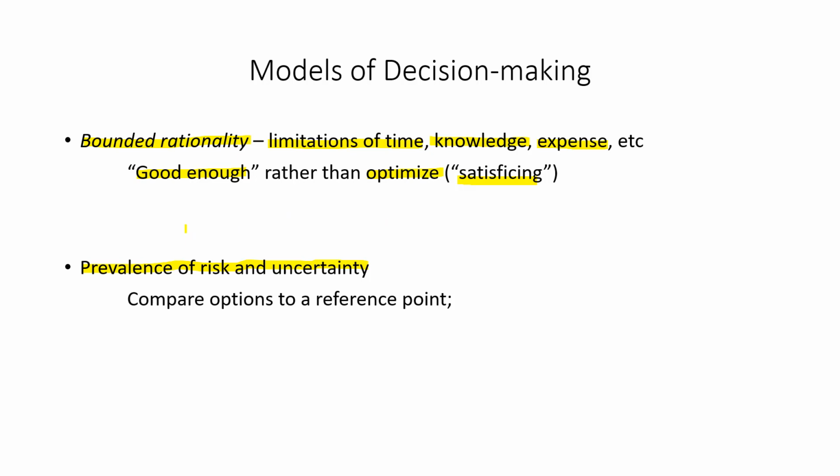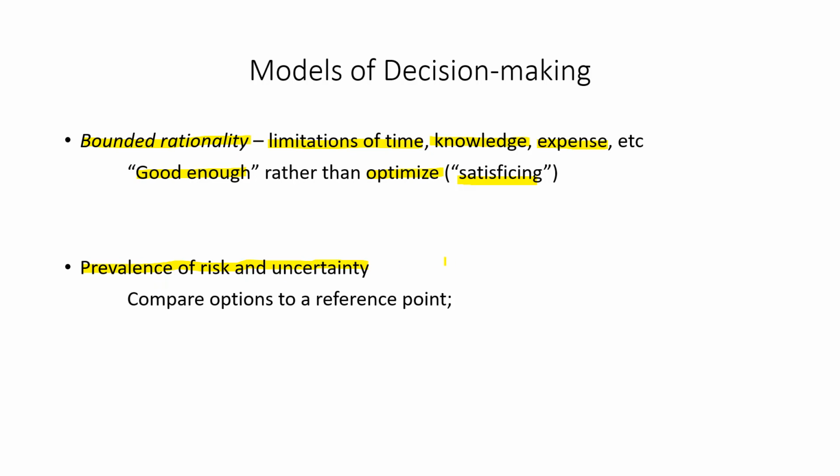And that's where we have a lot of risk and uncertainty that we have to deal with. So what we do more often than not is try to compare our options to some reference point, and if that seems to be better than what the typical would be, then that might be a good route to go.